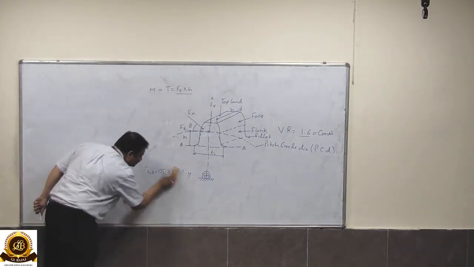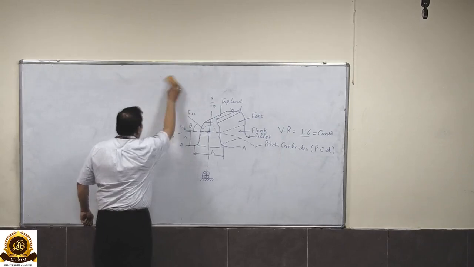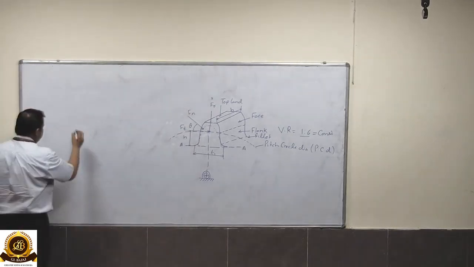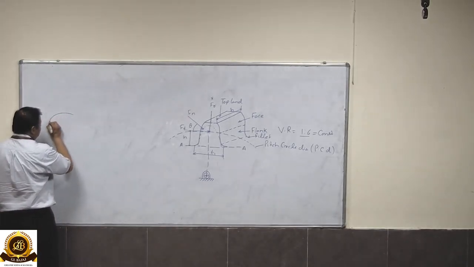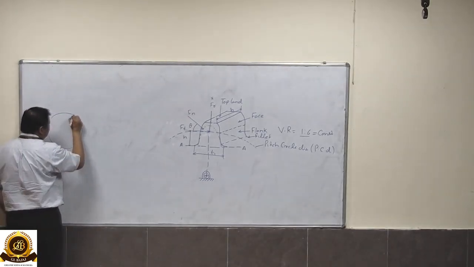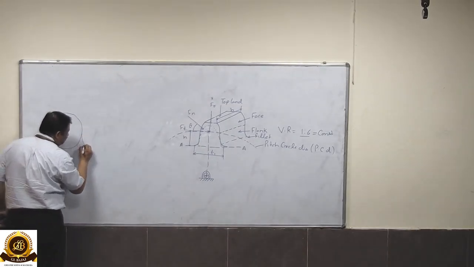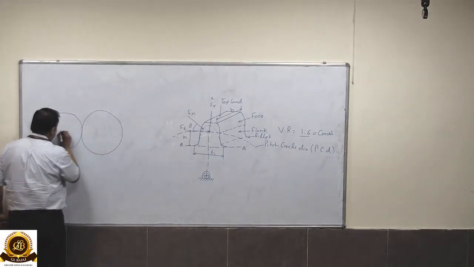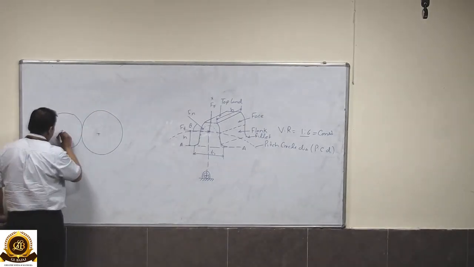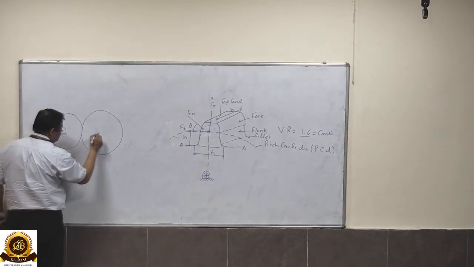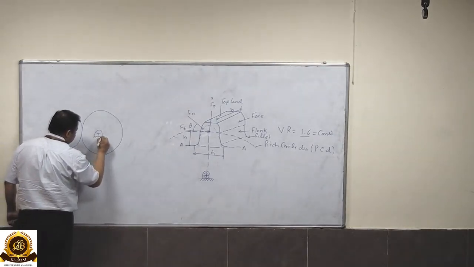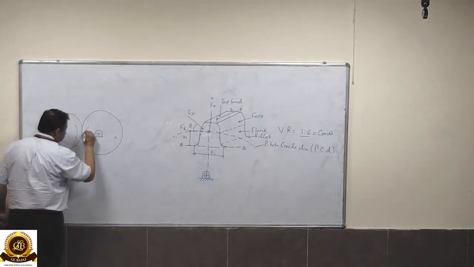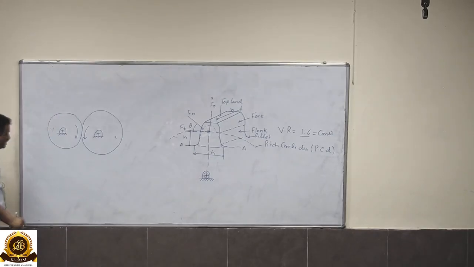the complexity of the design increases when we fix certain parameters. For example, if we take the circles of two wheels which are called the pitch circle diameters, of wheel 1, wheel 2, this will rotate in this direction, this will rotate in counterclockwise direction.